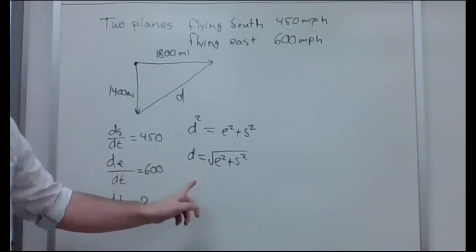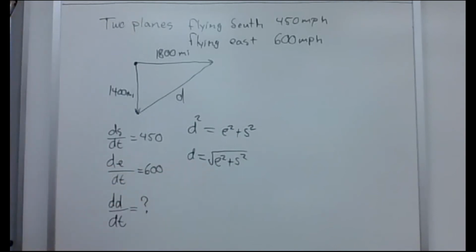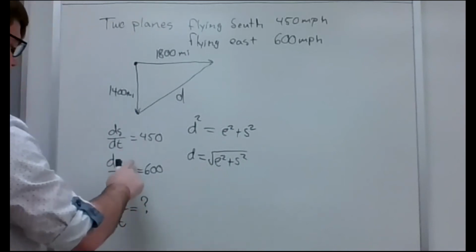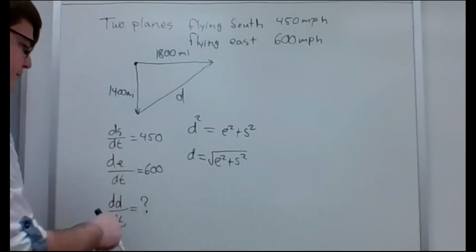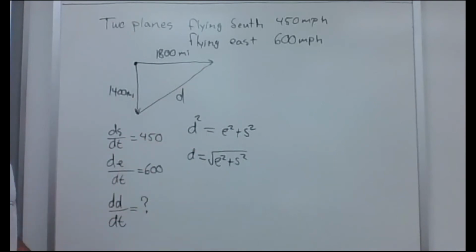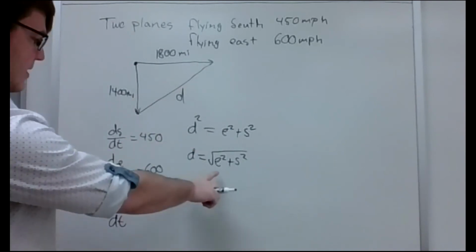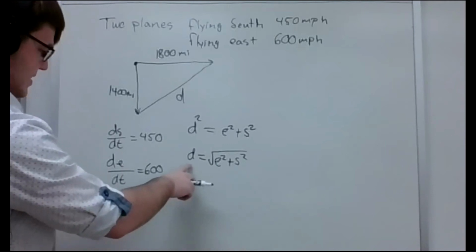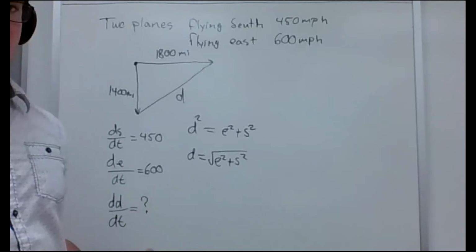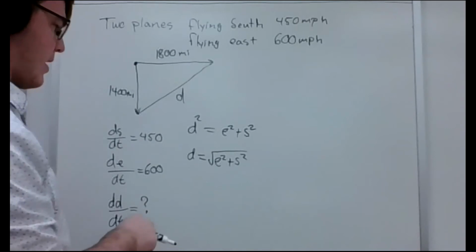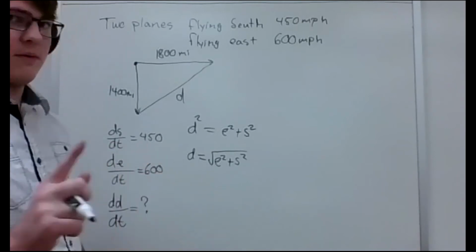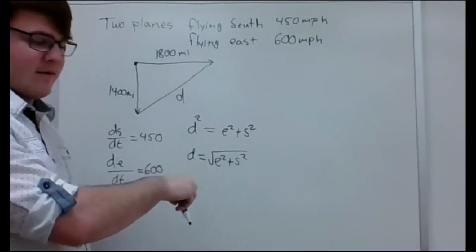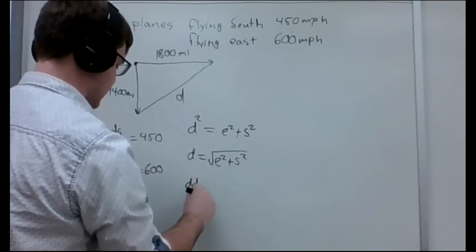So we're just going to simply take the derivative of this. But we got to remember that these are dependent upon time. So our east variable and our south variable, because the planes are moving. So basically when we're going to take the derivative, we have to do what we do to this d. So if we just take the derivative of y equals x, it would be dy dx equals 1.